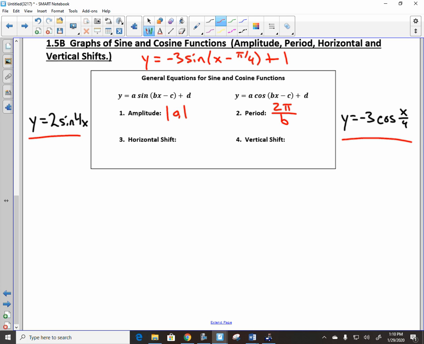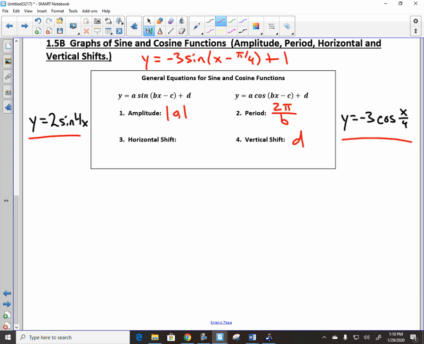Does anybody want to guess what the vertical shift is? It's just D. If you remember from when we were doing translations first semester, we said if it's on the outside, it's vertical.